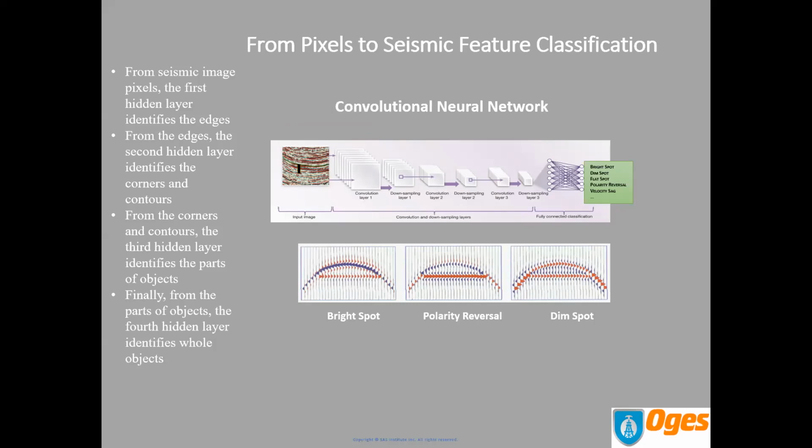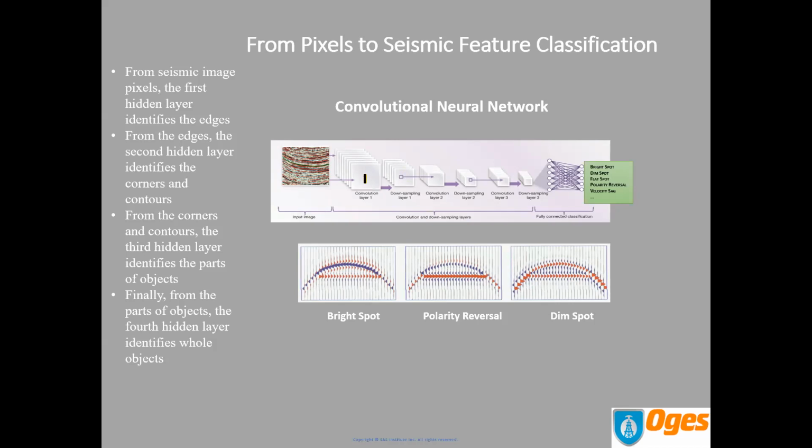Okay, so as I was saying, from this internal picture, as you can appreciate, it's got millions of pixels. What we're trying to do in the first hidden layer, which is in this convolutional layer 1, is to classify the edges only. And then as we move from left to right, in the second hidden layer we look for the corners and the contours.